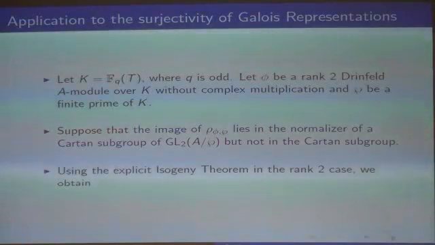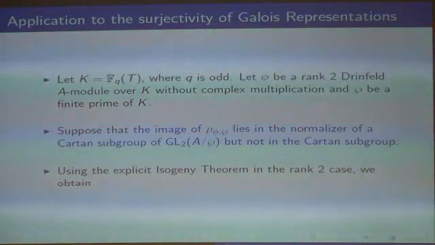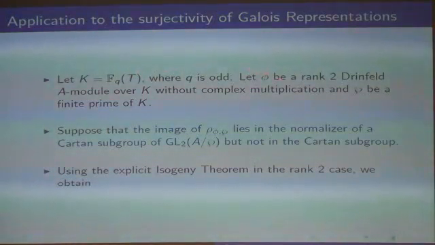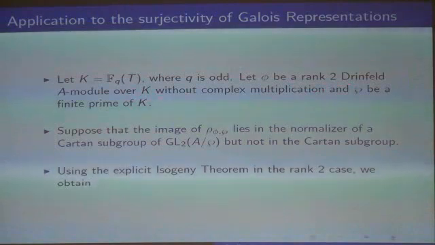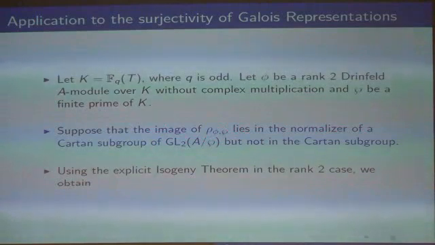Okay, then the application. I mentioned that we have an application to the surjectivity result for certain cases, not for all cases. The certain case is what we call the Gardeyn case. What is that? Phi is a rank 2 Drinfeld module without CM, complex multiplication. Then the image of the Galois representation lies in the normalizer of the Gardeyn subgroup, but not in the Gardeyn subgroup.